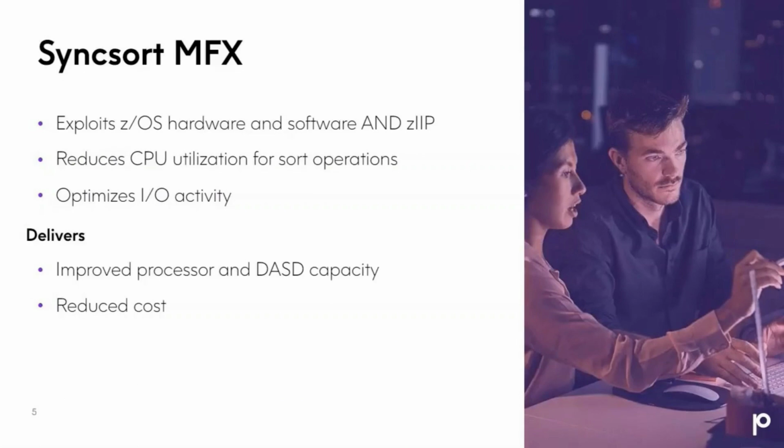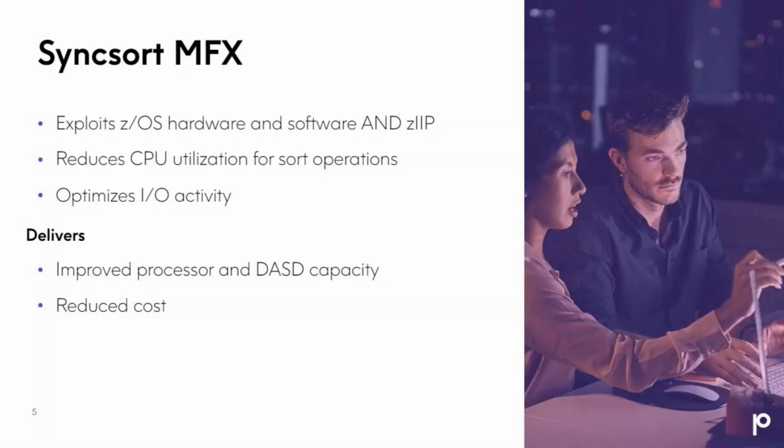Now, what we offer is a high-performance sort, copy, and join utility, which is designed to exploit the advanced facilities of the z/OS operating system and these specialized ZIP engines.